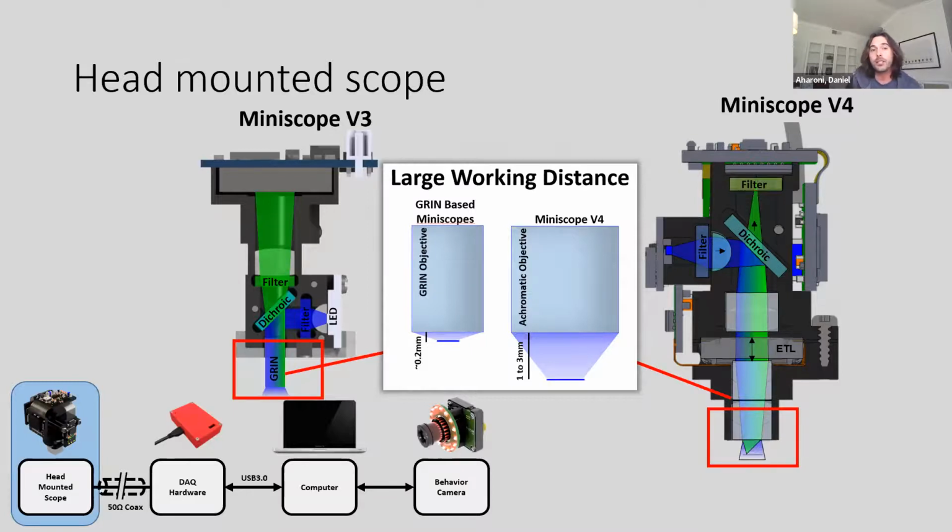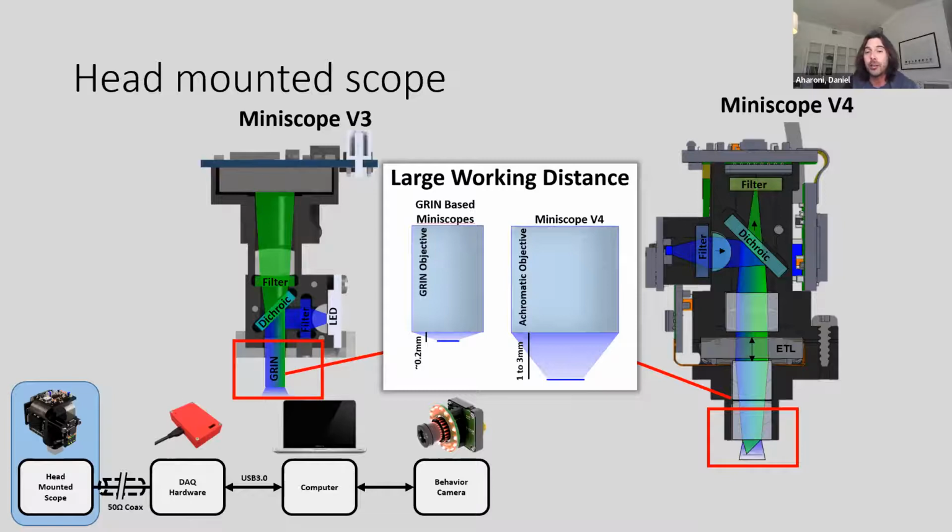And this really puts the focal plane of what you're imaging to just a couple hundred micrometers below the microscope. While this can work in many cases, if you want to image cortex, the solution was that you had to really implant this objective lens on top of cortex to be able to reach layer 2, 3 or something.